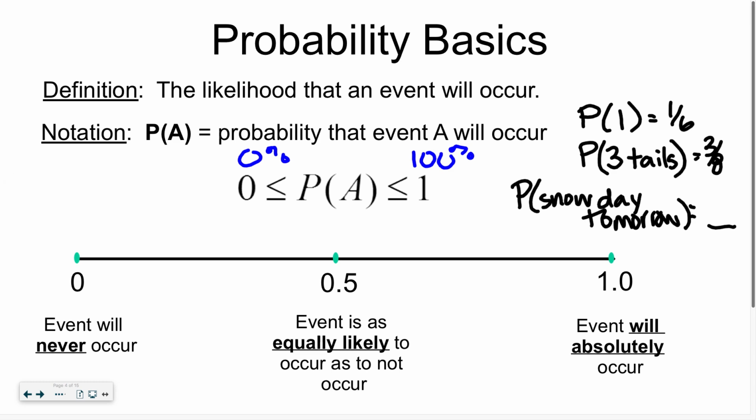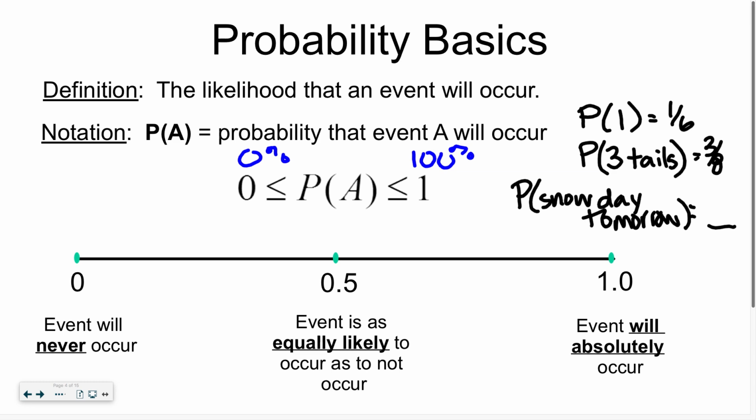But never should you ever give me a probability answer that is negative. That doesn't make sense. Never should you ever give me a probability answer that is over 100% or 1 if you're looking at decimals. So you know your answer is not right. You should fix it. Please don't ever turn it in. I'll be hard pressed to give you any partial credit on a crazy answer like a probability of 5. It just won't happen.